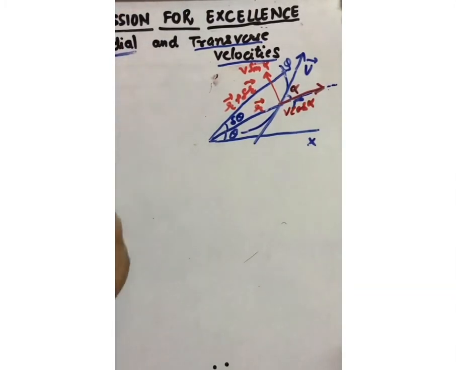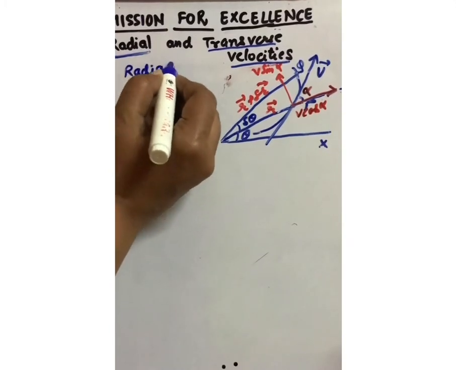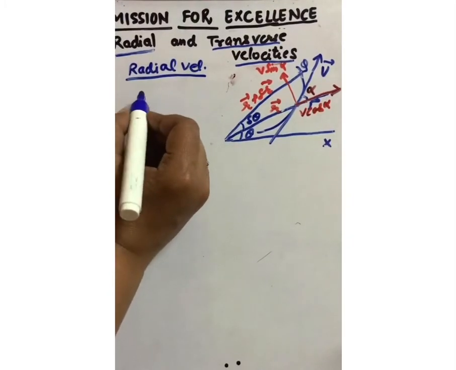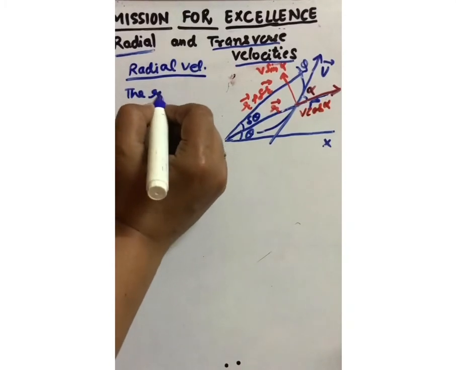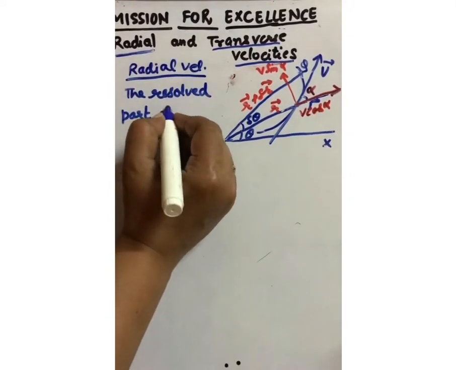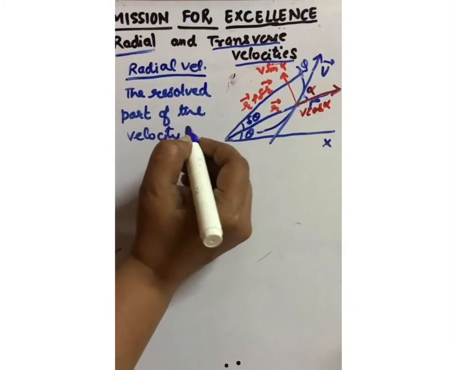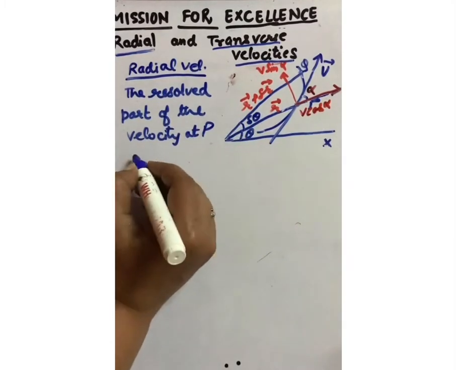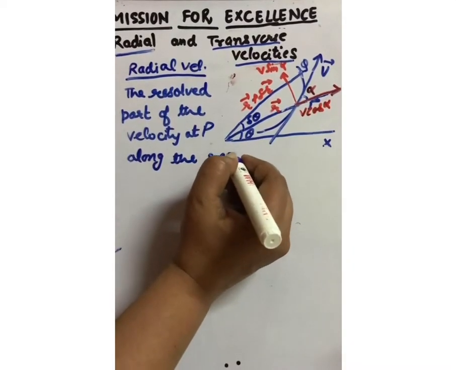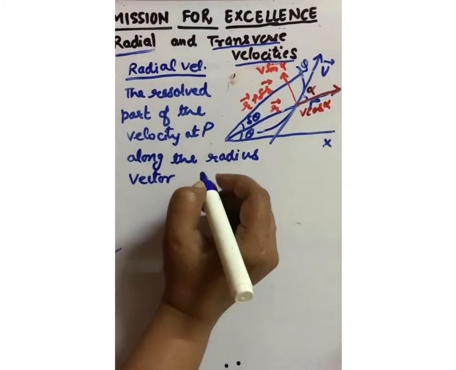So now let us define the velocities. First we will define radial velocity. Radial velocity is the resolved part of the velocity at point P along the radius vector OP.